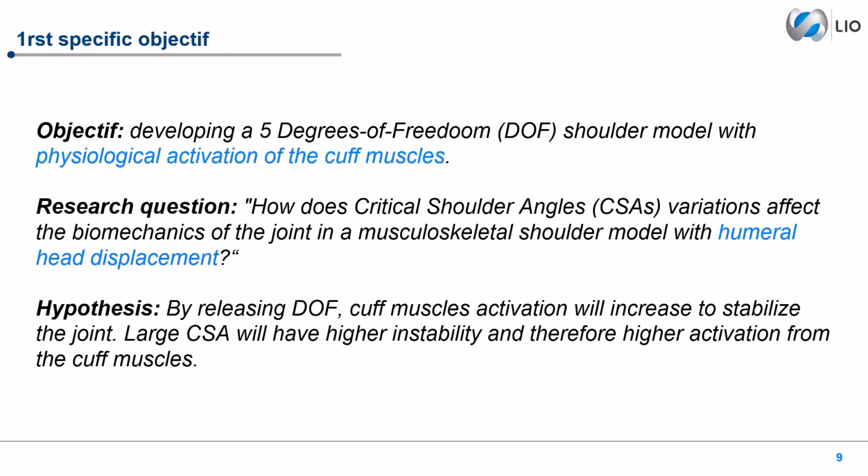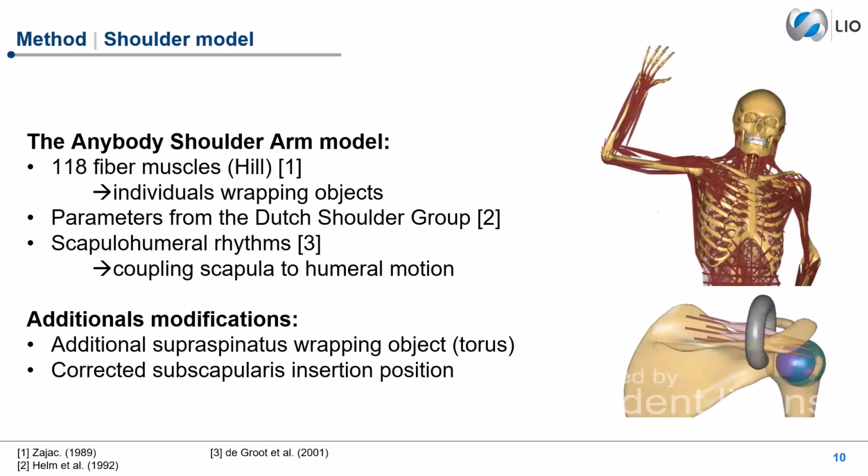The shoulder model I use is the one from AnyBody. We have 118 fiber muscles, which are Hill-type muscles, and for most fibers, we have individual wrapping objects. The parameters for the bone geometry come from the Dutch shoulder group. I use the scapulo-humeral rhythm proposed by the equation of de Groot.